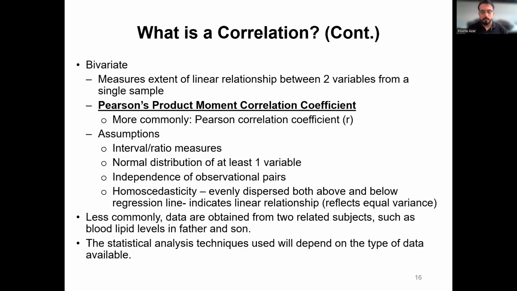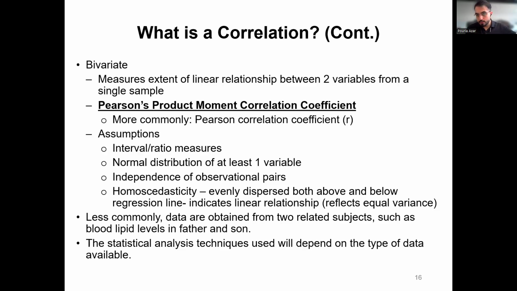In this module and in your assignment, when we talk about correlation, we mean bivariate correlation, and bivariate means two variables. So we are measuring the extent of linear relationship between two variables from a single sample. To do that, we will use Pearson's correlation coefficient if our assumptions for correlation analysis are met.